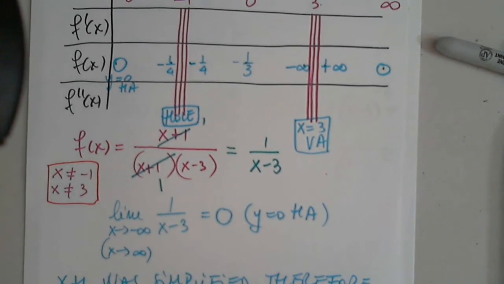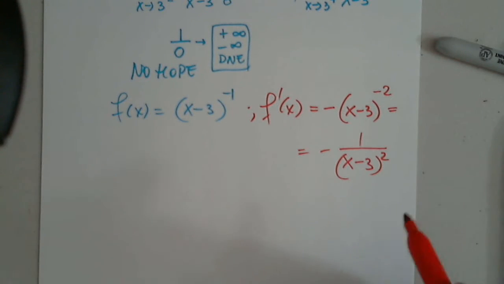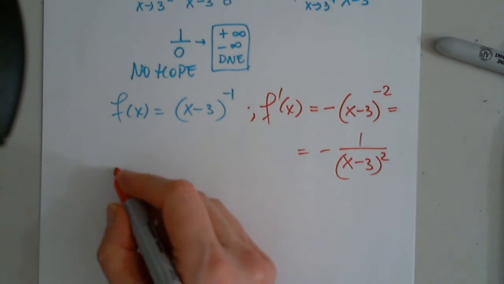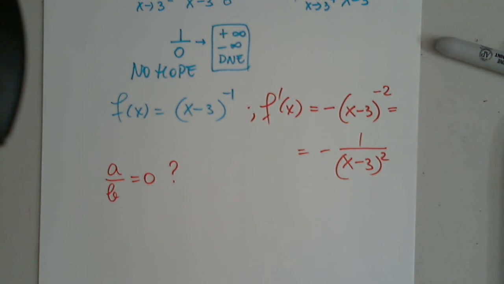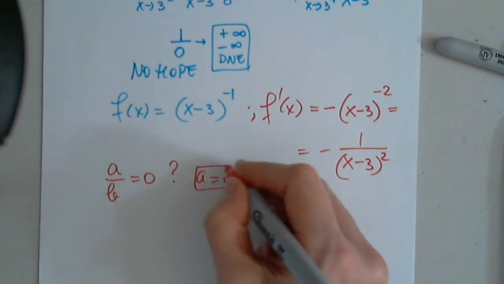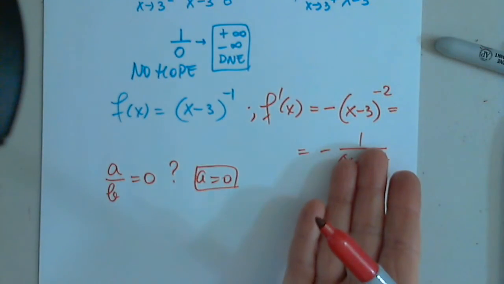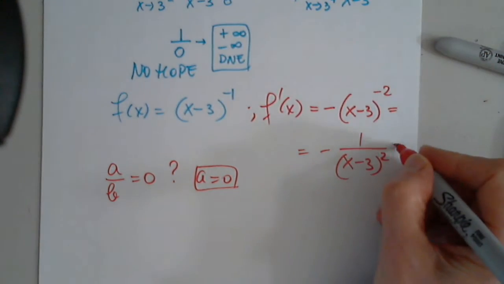Only when the denominator is 0, the function is non-existent. So when is this 0? Not undefined. When is a over b equal to 0? When a equals 0. Right, exactly. Awesome. But can I make 1 equal 0? No. So this will never be 0.